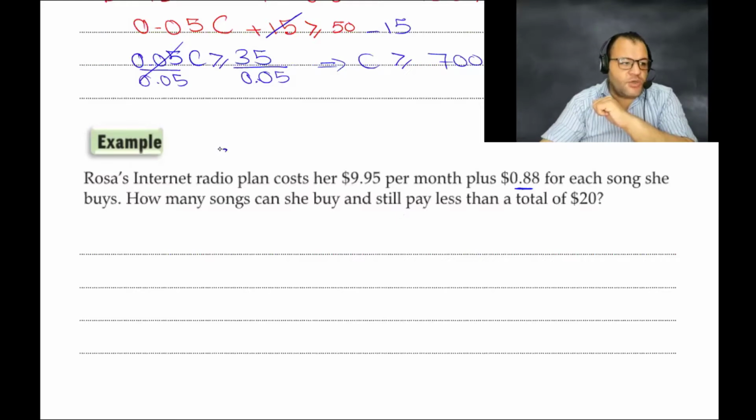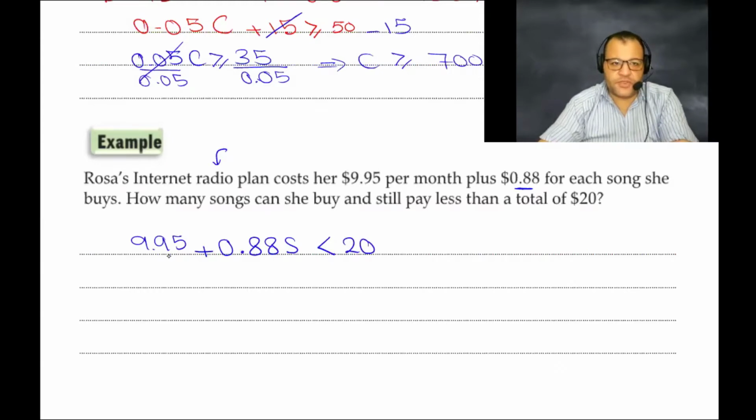She will pay the 9.95 only one time, because the device I just purchased only once. And when I need to change, I will add more songs, by adding 0.88 for each song, to pay less than 20. You understand the point for this one?